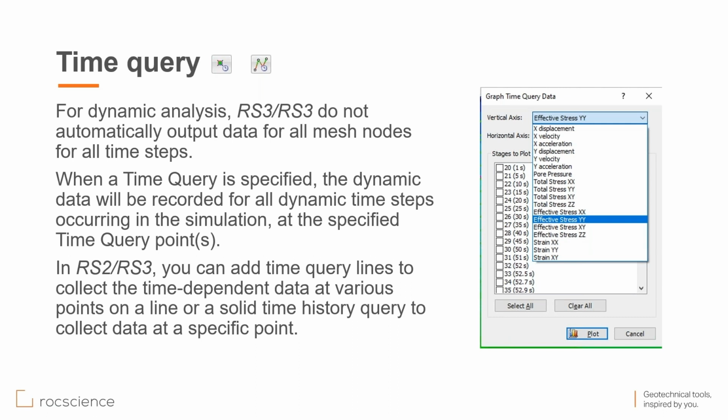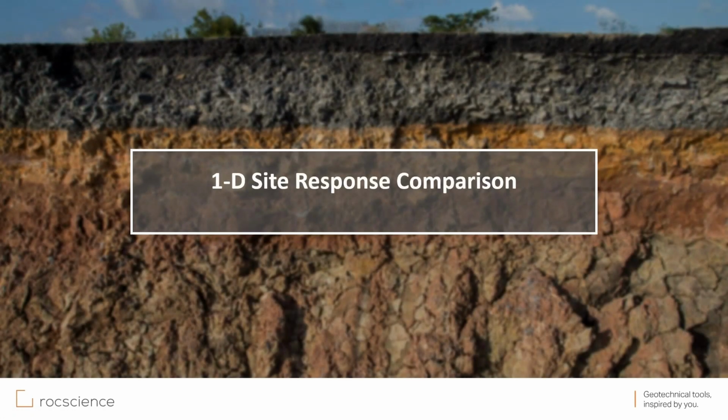You can add temporary lines to collect the time-dependent data at various points along the line, or you can just select a specific point, and the program will collect data at that point. And you can record all of the data, such as displacement, velocity, acceleration, stress, strain, and water pressure.